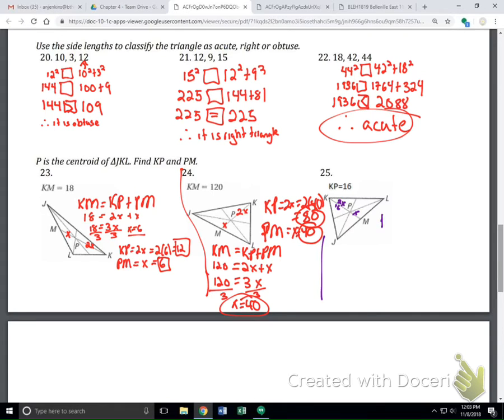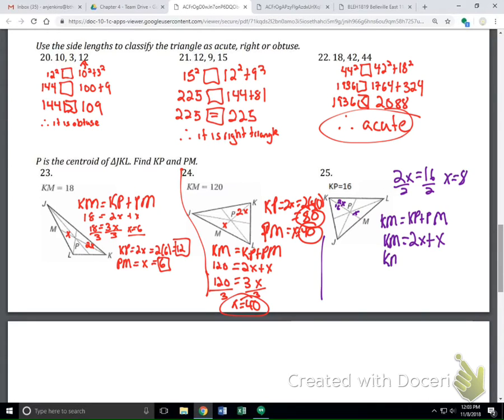So we have KM equals KP plus PM. We have KM, we don't know the distance of that, that's what we're looking for, equals KP, which is 2x plus x. We know that KP is what value? 16. Yep, so we have 2x equals 16. Divide by 2. X equals 8.